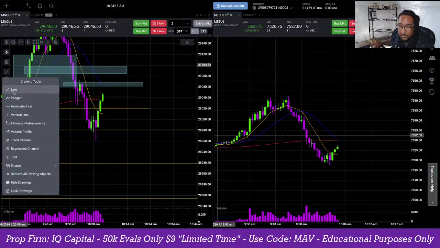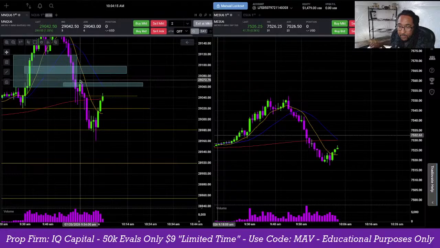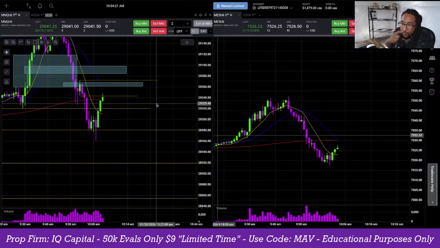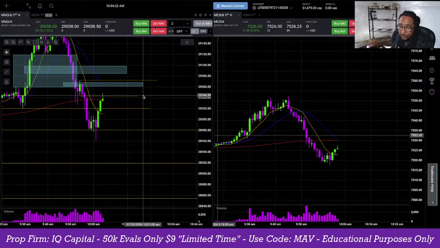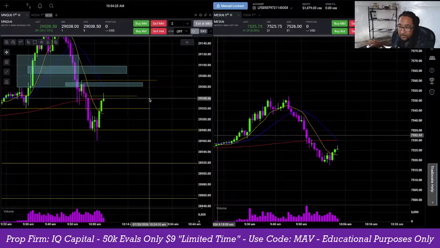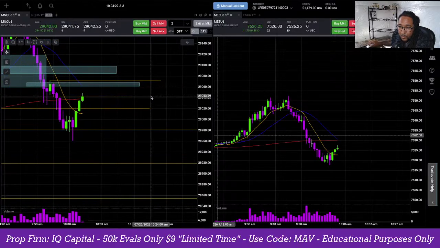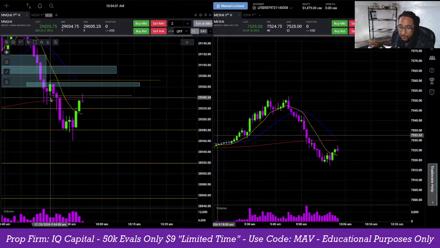But what we don't want to see is price break this 1 minute high here. We don't want to see price go above this line here if we're looking at further continuation to the downside. So it looks like we're wicking above this line here.